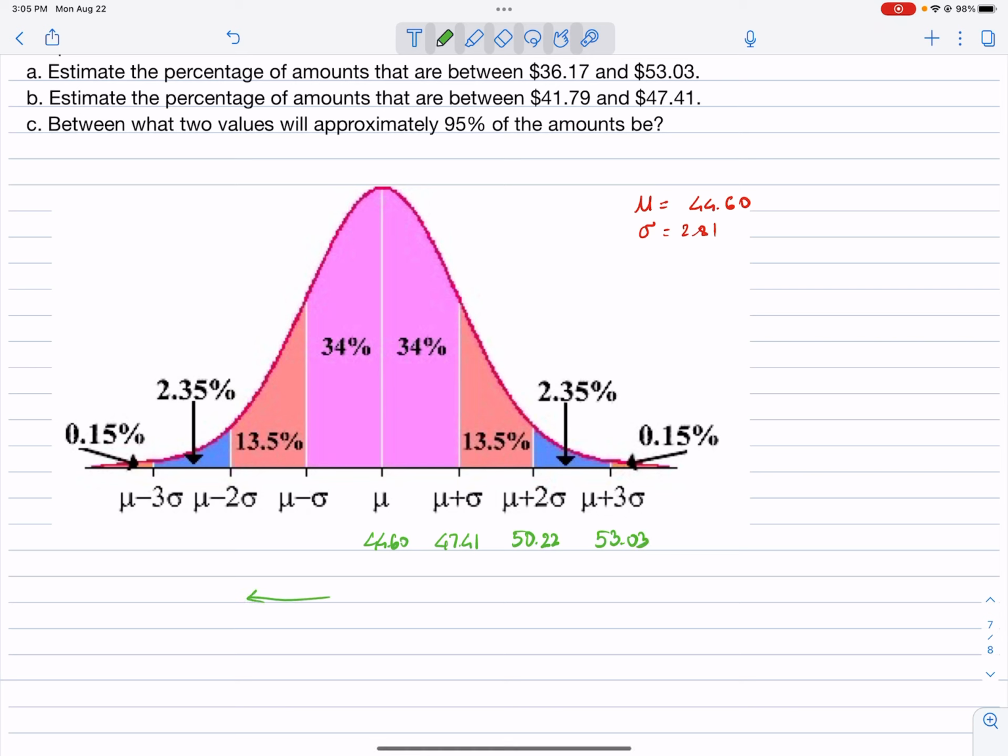Now, doing the same for the left side, you plug in the numbers for those formulas, and from mu you keep subtracting 2.81.